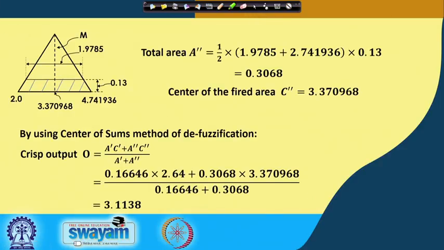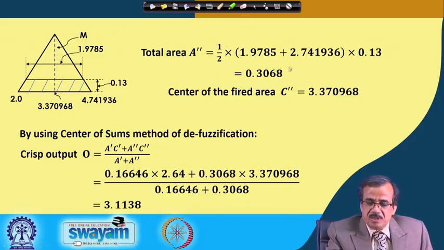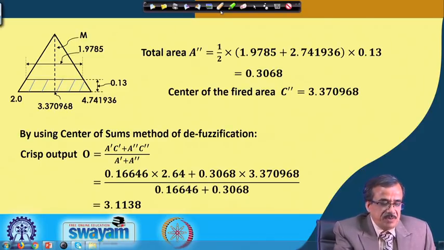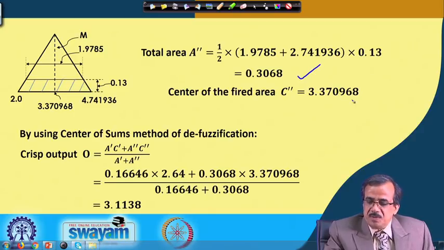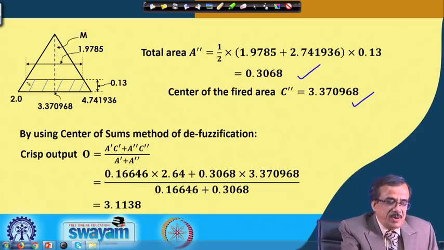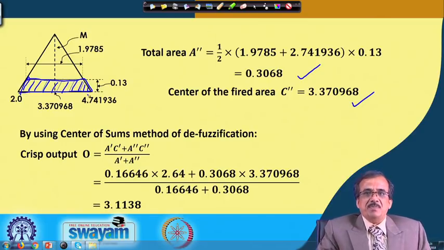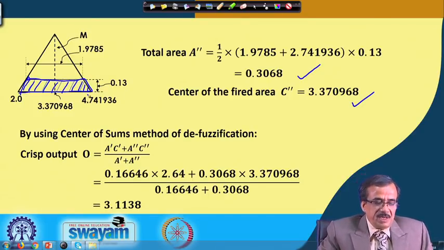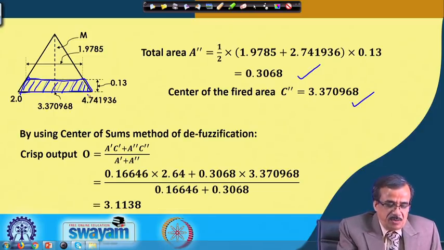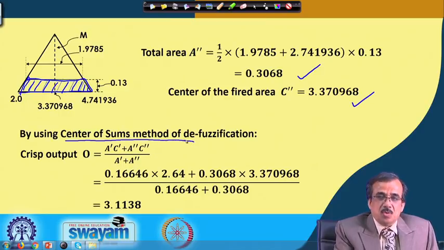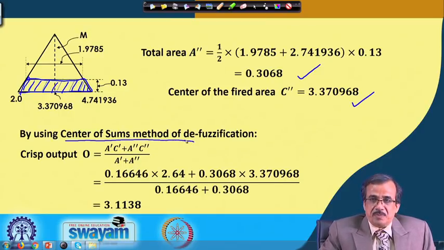Now, I can find the area of this shaded portion and its center of area. If I know the area and center of area for the fuzzified output of the second rule, and the same for the first rule, we are in a position to find out, using the center of sums method, what the crisp output should be.